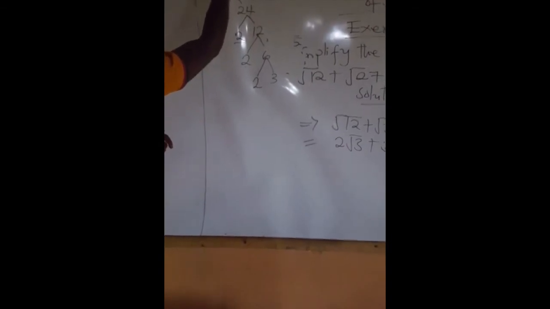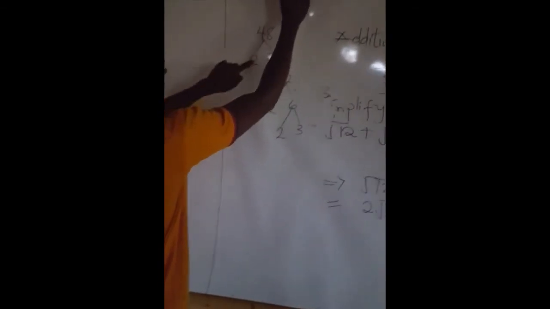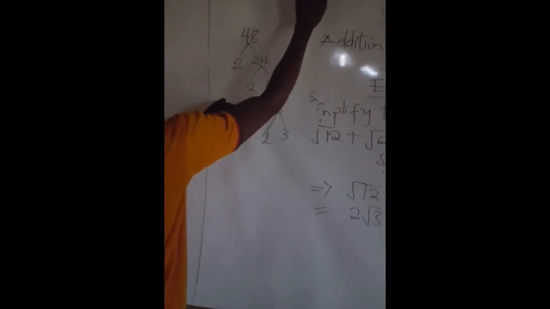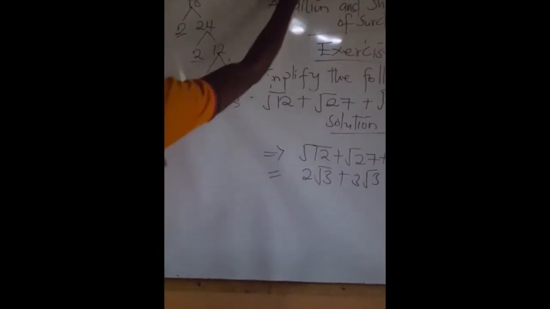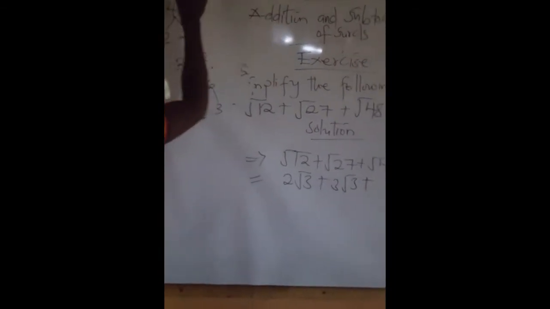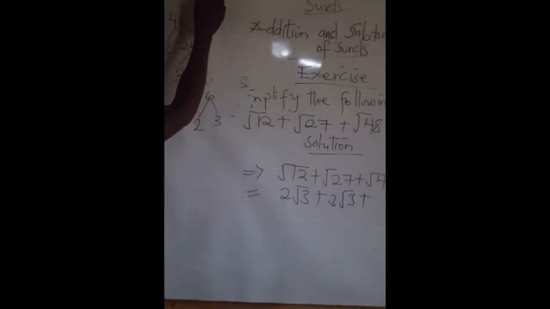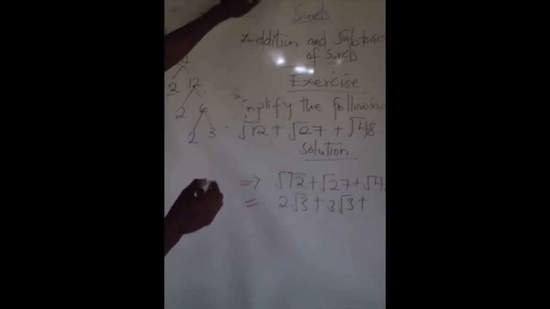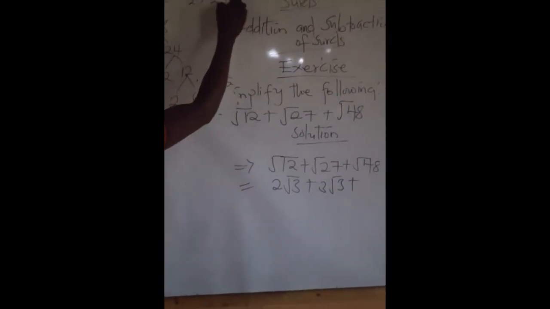Now this means root 48 can be written as root 2 times root 2 times root 2 times root 2 times root 3. Okay. So by the first law, root 2 times root 2 gives 2. Root 2 times root 2 also gives us 2. Then we have root 3.